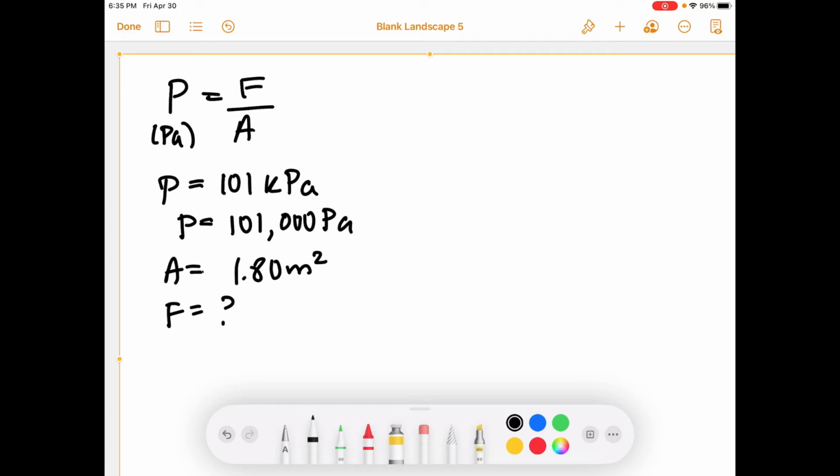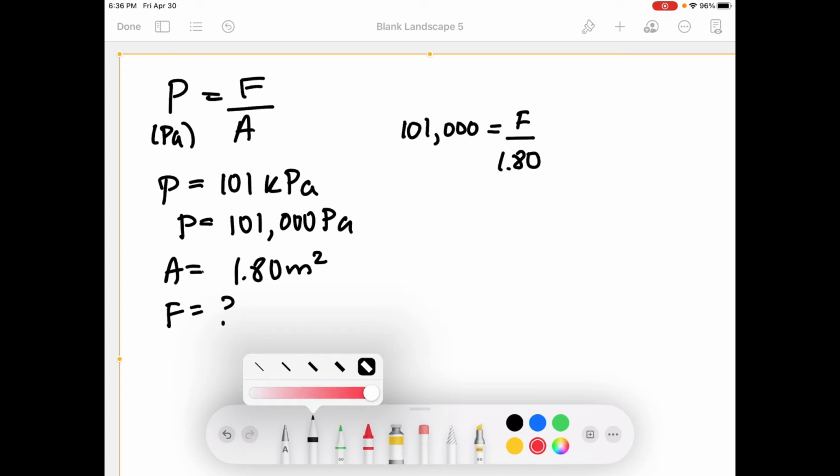So now that we have this equation, let's plug it in. We know that pressure is 101,000. We don't know force, and we know that the area is 1.80 meters squared. In order to do this, we need to multiply 1.80 with 101,000 to get the unit F by itself.